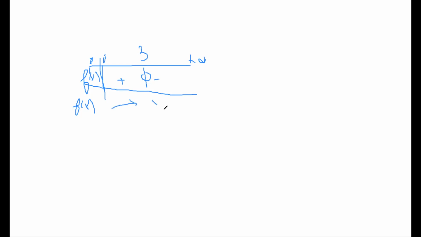At 3, does the function admit a maximum or a minimum? Maximum. What is the value of the derivative f prime of 3? It is 0. So always at the maximum or minimum, the derivative is 0.